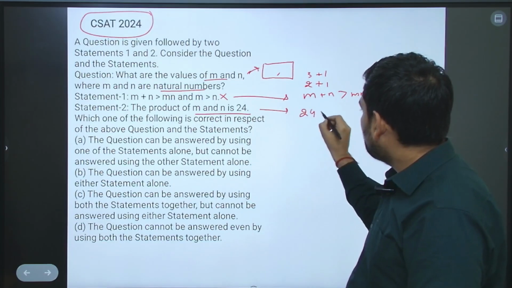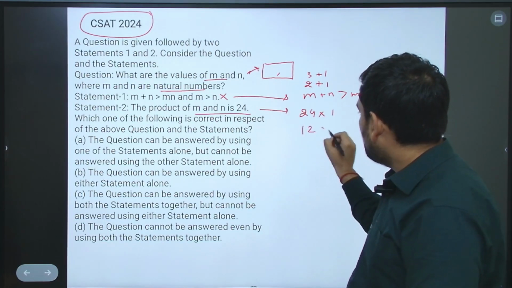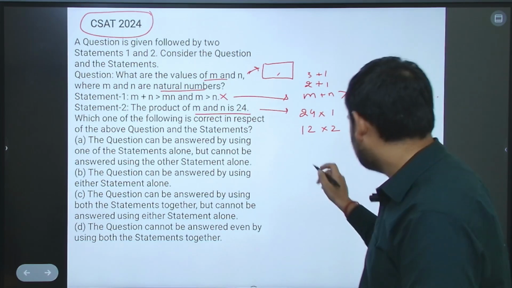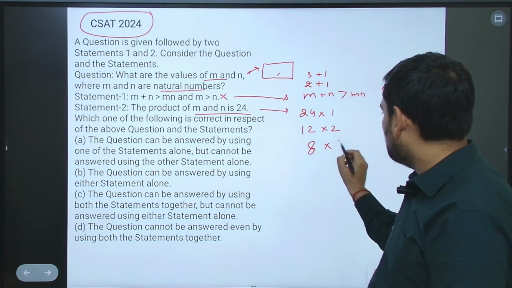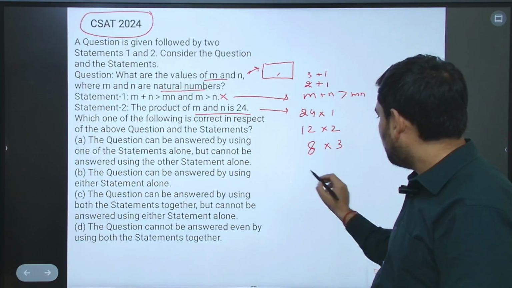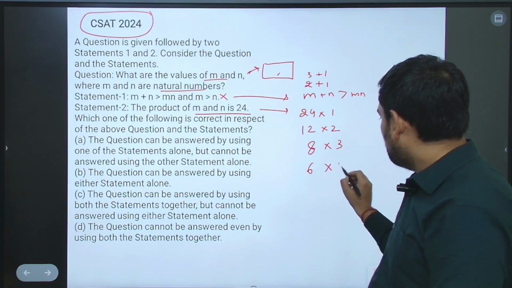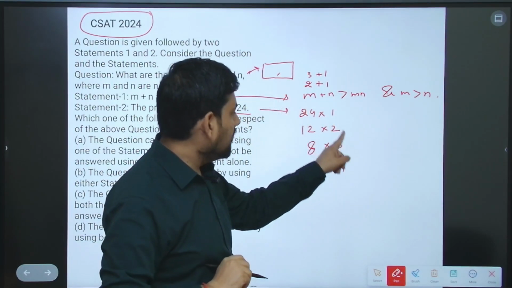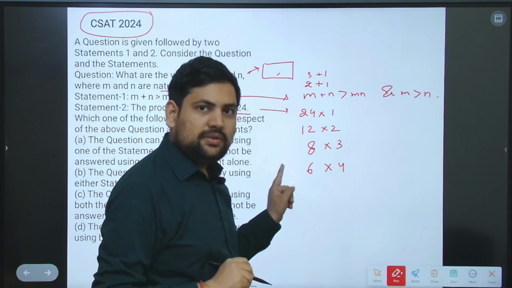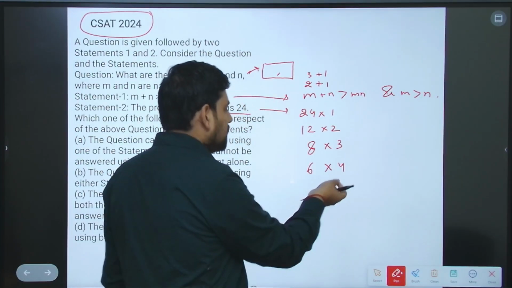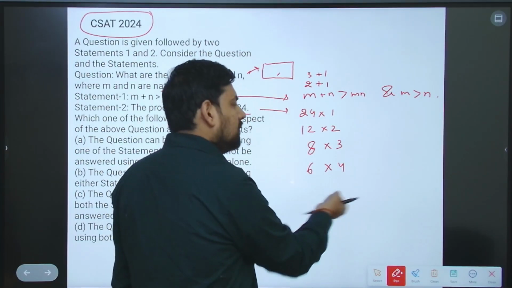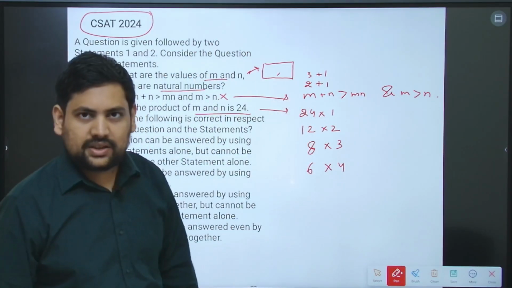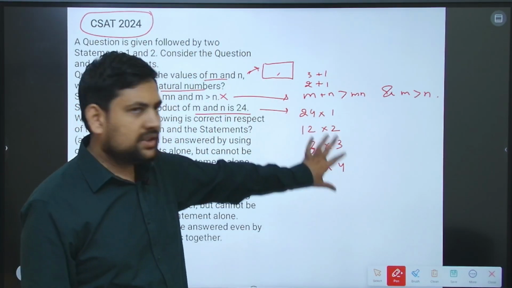That can be 24 into 1, then 12 into 2, then 8 into 3, and 6 into 4. Basically 1 into 24, 2 into 12, 3 into 8, 4 into 6. Next, if you try to choose, it will be 4 into 6, that is just a repetition. So these are the 4 pairs which are possible.